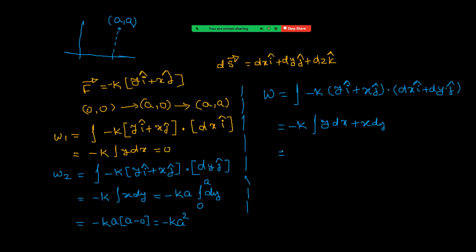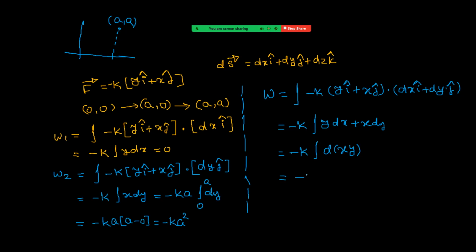Now coming to the next step, if you know mathematics, you might have learned that y dx plus x dy can be written as d of xy, the derivative of xy. Integration means antiderivative, and this is the derivative.